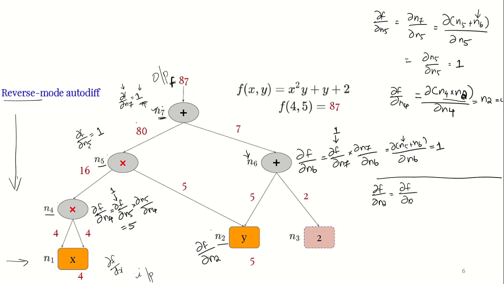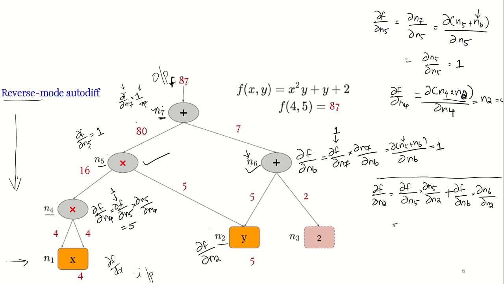One is ∂f/∂n5 into ∂n5/∂n2. Okay, that is this node, and we have to consider this n6 also.